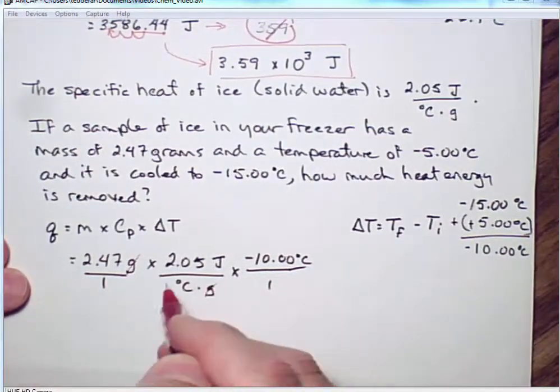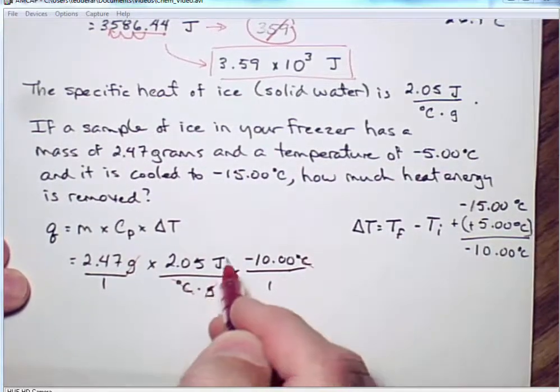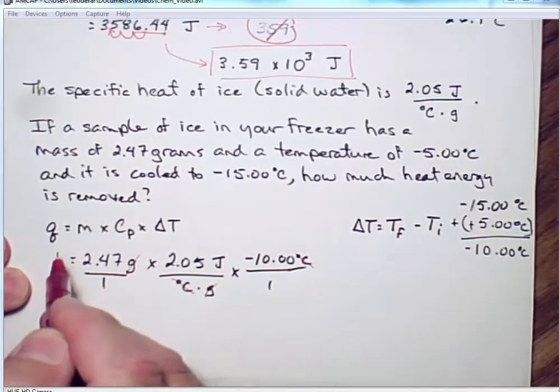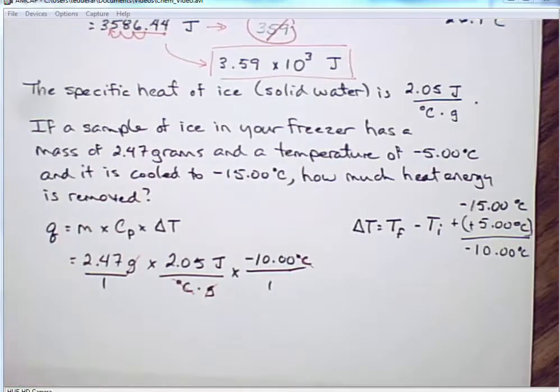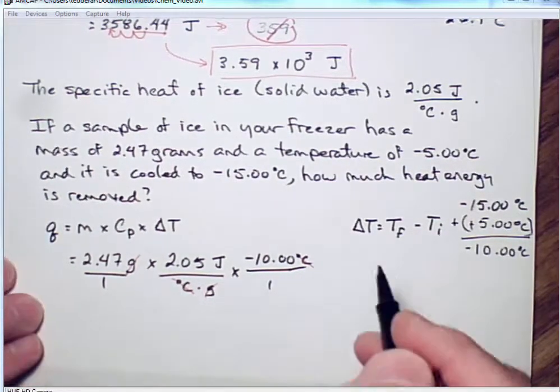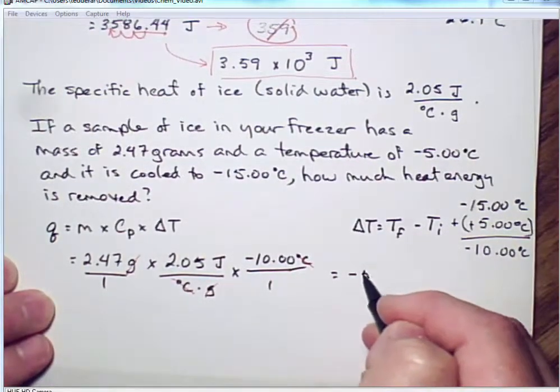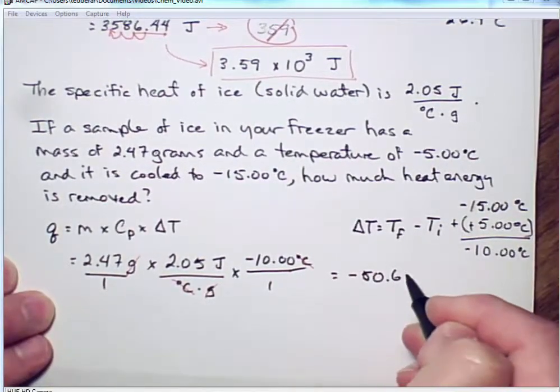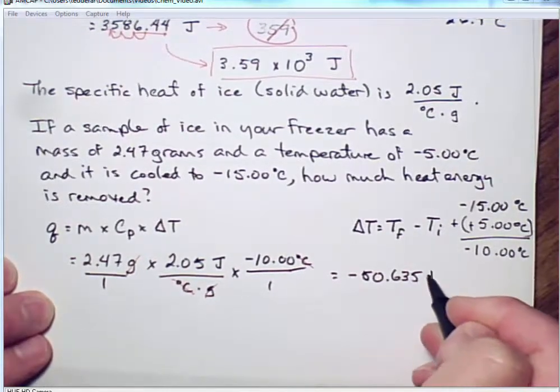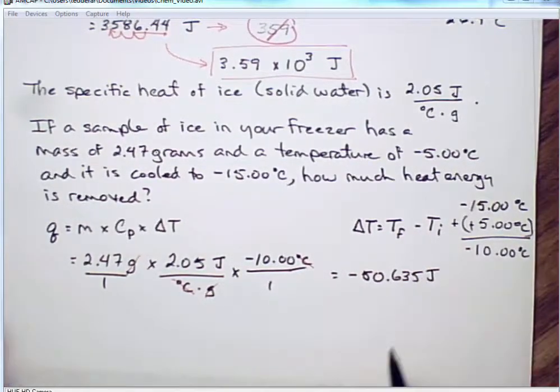The grams are going to cancel. The degrees C are going to cancel. We're left with joules. Joules measures Q. That's what heat energy is. So we're ready to plug it in the calculator. We get a negative 50.635 joules. So that's the heat energy removed, which is what the question asks.